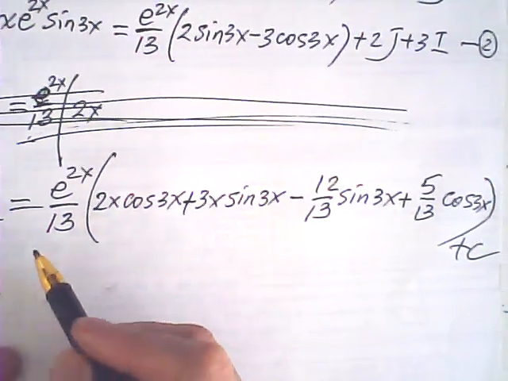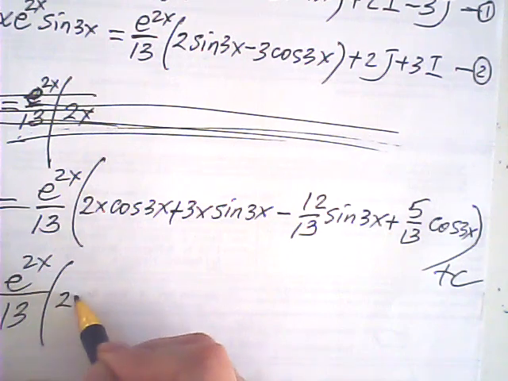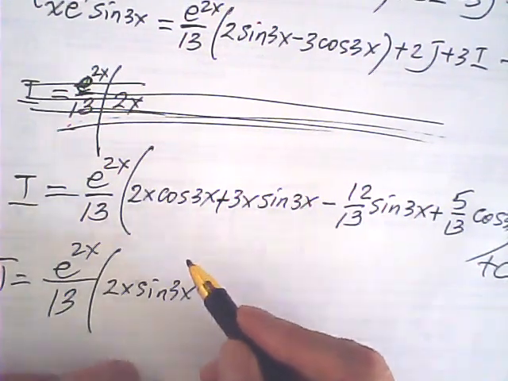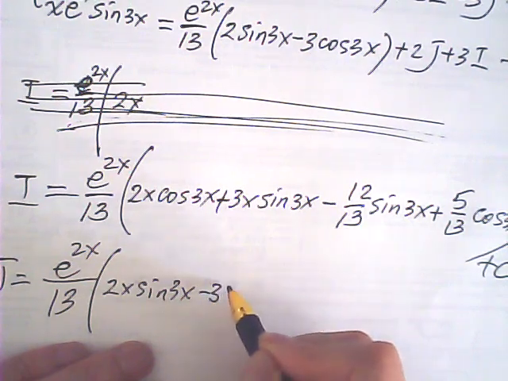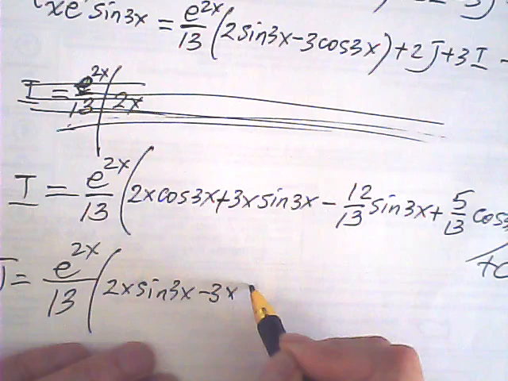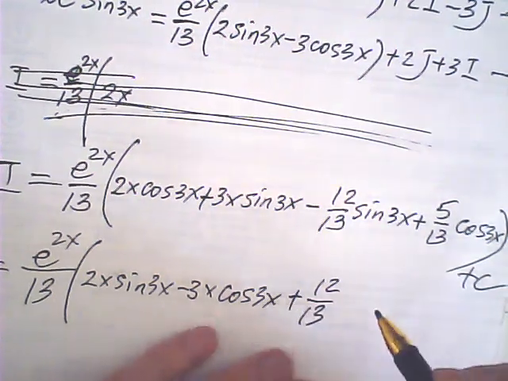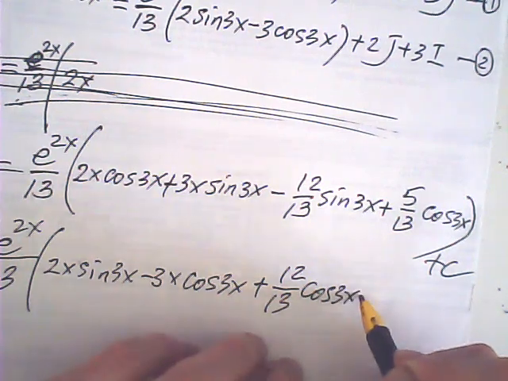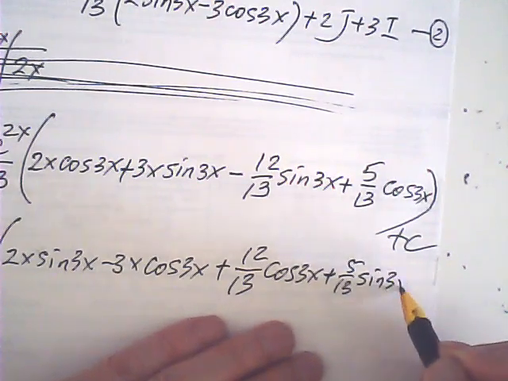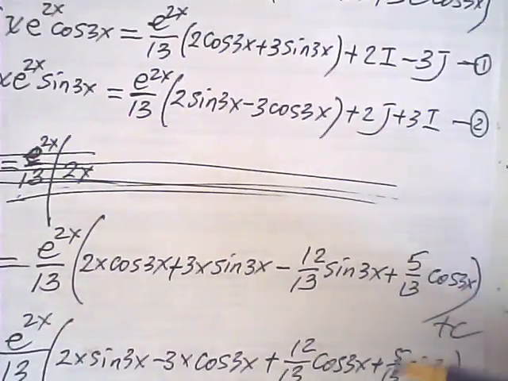So J could be found, equal to e to the 2x over 13 times (2x sine 3x minus 3x cosine 3x), plus 12 over 13 cosine 3x plus 5 over 13 sine 3x, plus C. Okay, the answer is not that important.